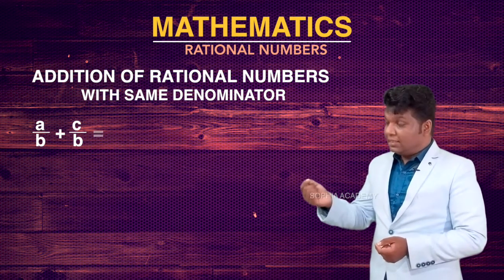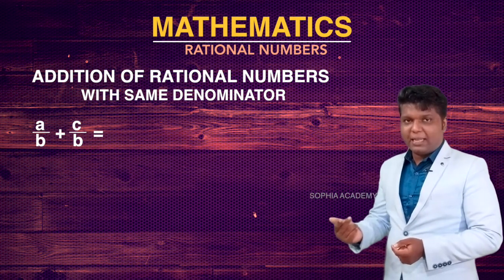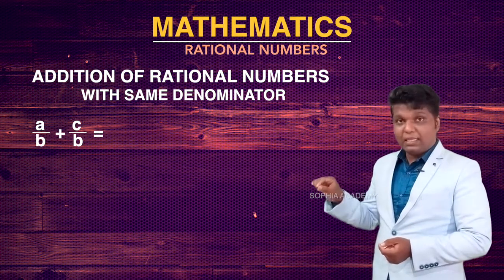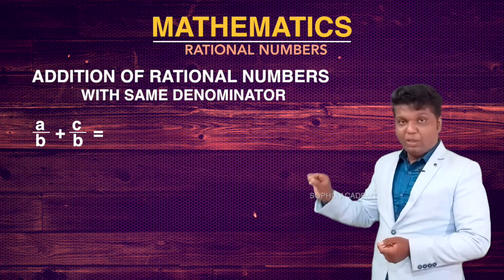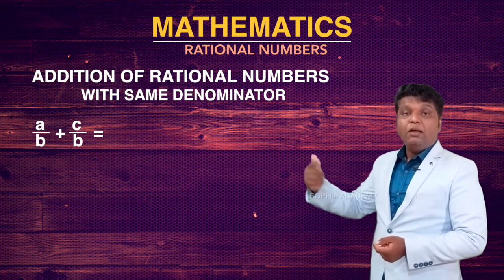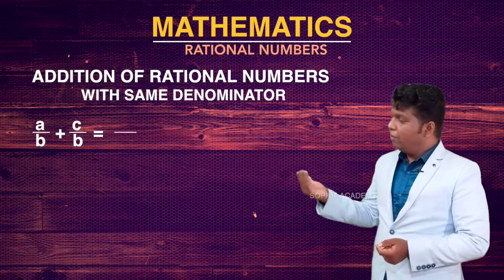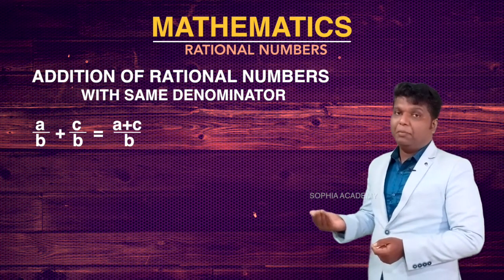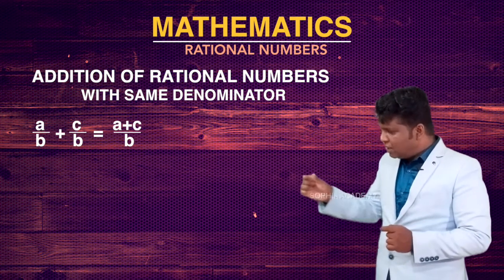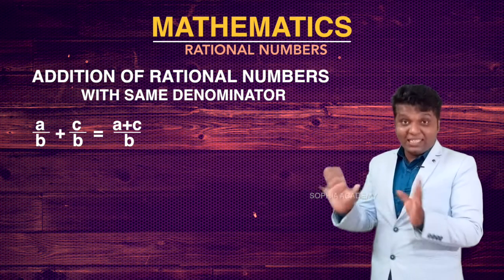As the denominators are the same, the same denominator will stay, so you write b as the denominator, and the numerator is a plus c. So we write a plus c divided by b. That means add the numerators simply and put the same denominator there.